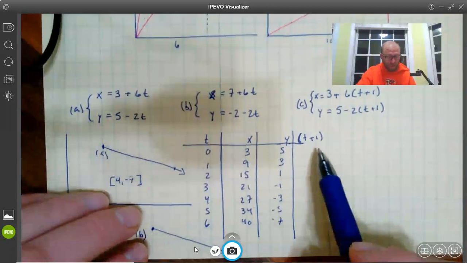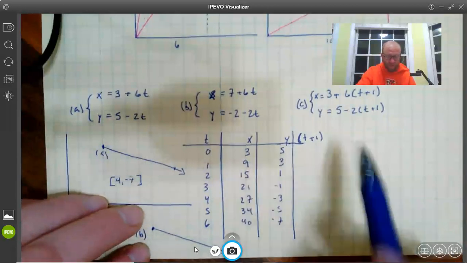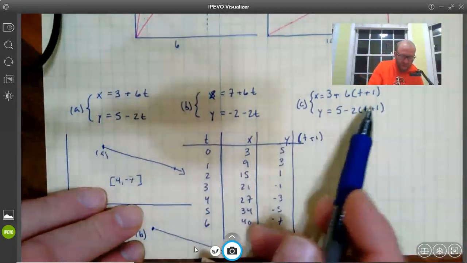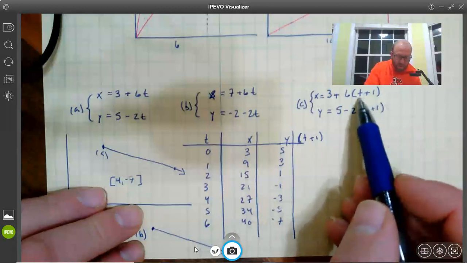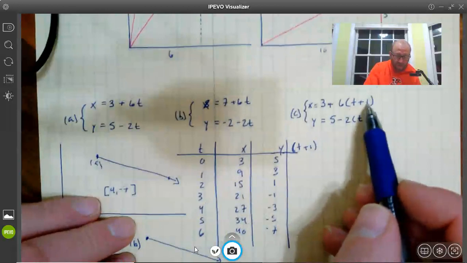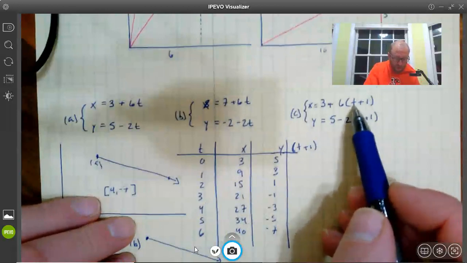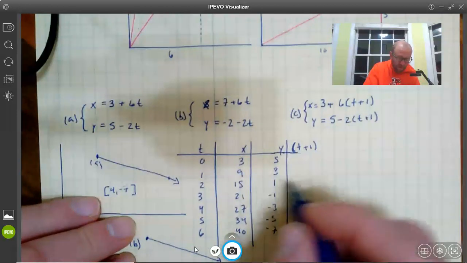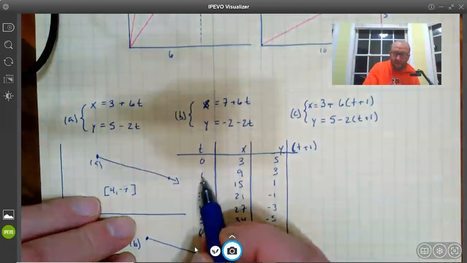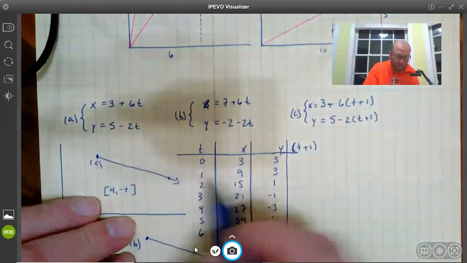And over here, by adding 1 first, if I make t 0, then t plus 1 becomes 1. So when t is 0, we get the same as if over here t was 1.